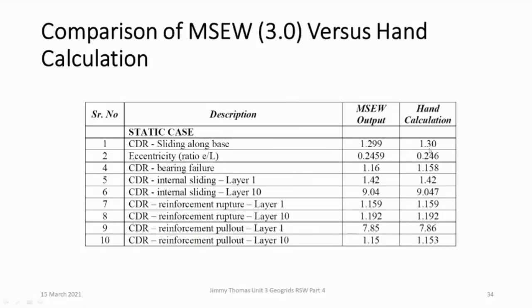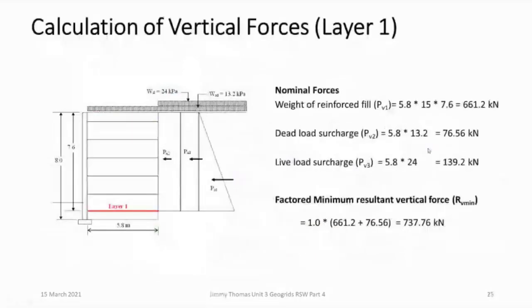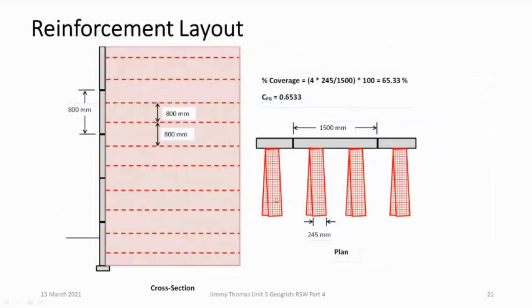One problem with the pullout is the coverage with the strips. Because the layers are a double layer and sometimes the layers are overlapping, let me just go to that. Look here, the layers are sort of overlapping. So the coverage factor may not be a correct representation for pullout.